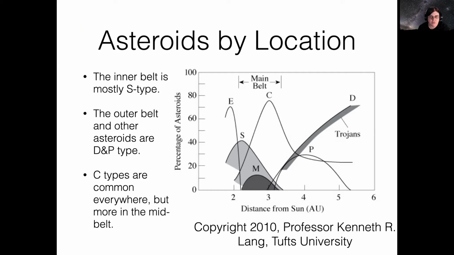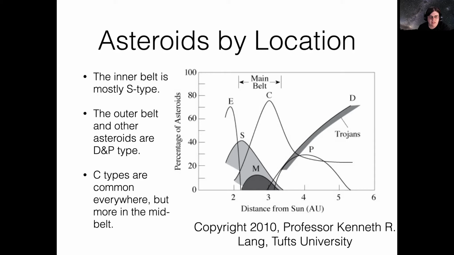Farther out, the outer belt and other asteroids out there seem to be mostly D and P types. This is kind of before we get to things that are majority icy, but these objects do seem to be quite different from the S-type asteroids that are more like pure rock. Trojan asteroids are in this category. You can kind of see where they are on this plot.